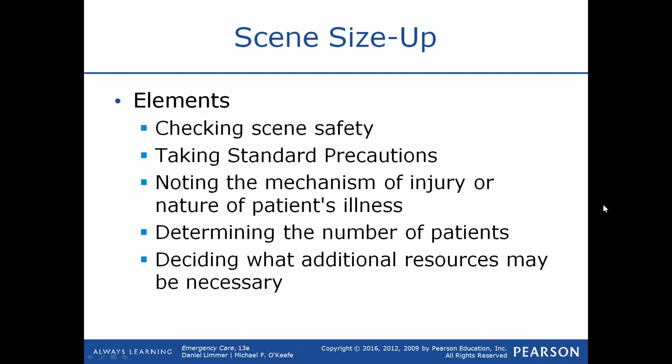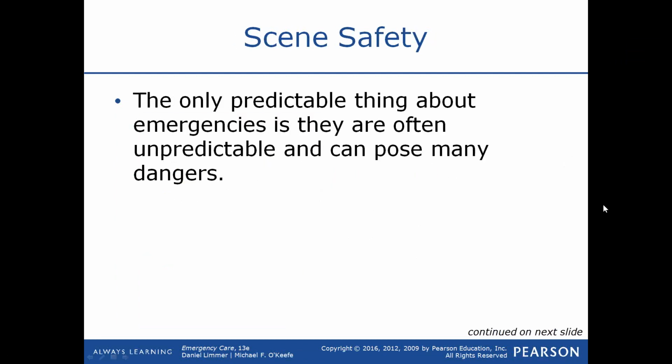If you're dealing with a scene where you have multiple patients, depending on their criticality, you may have to call in other ambulances to help you. And then deciding what additional resources you may need. By additional resources, we're talking about things like the power company, the fire department, etc. The only predictable thing about emergencies is that they're often unpredictable.